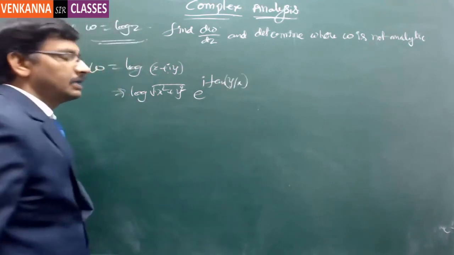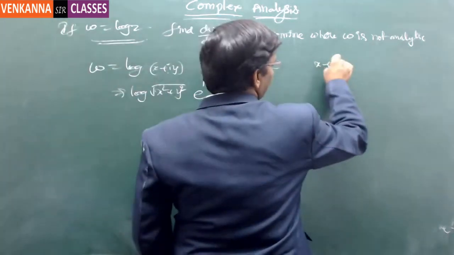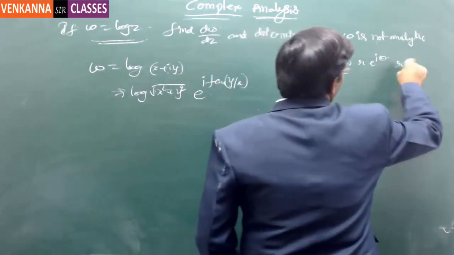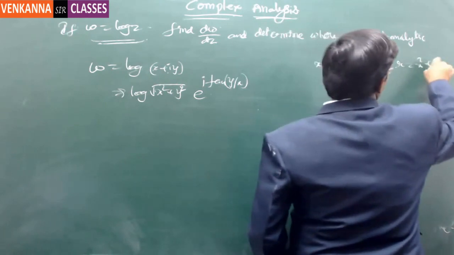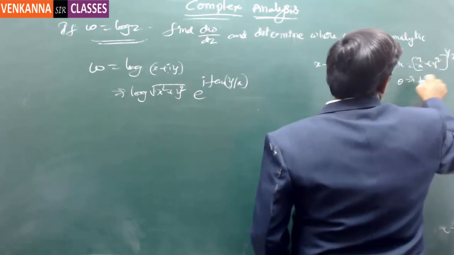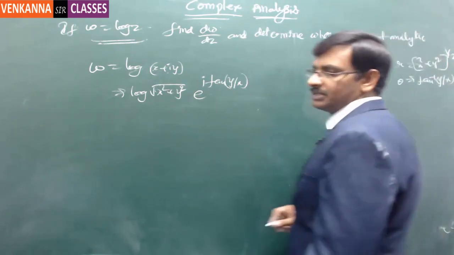This is how you can write it. Any complex number x plus iy can be expressed as r e power i theta, where r is equal to the square root of x square plus y square and theta is equal to tan inverse of y by x.